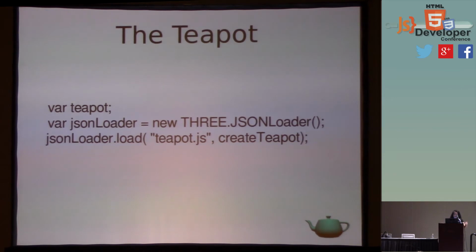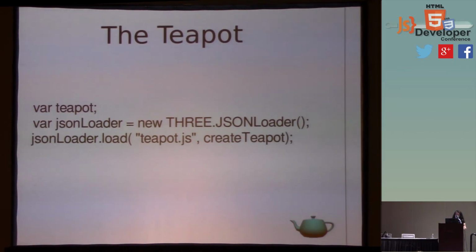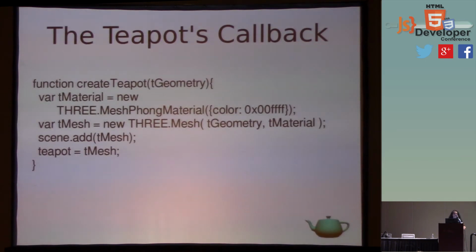So we just give it a callback and let it do its thing and then kind of wait. So the callback, here's what it looks like. Its parameter is what we call a geometry. That is the JSON file in its final state, converted for use within three.js.